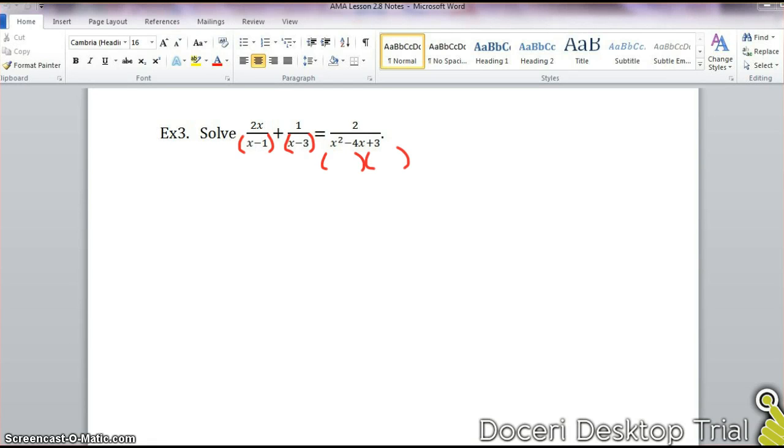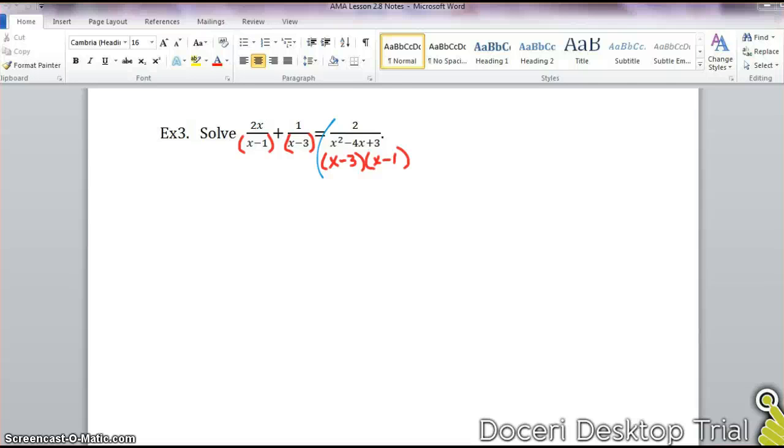Its factors will be x minus 3 and x minus 1. So you can see that it's made up of the same factors as our other 2 terms in the problem. Since these 2 terms also have the same factors as my larger polynomial here, I'm going to use x minus 3 and x minus 1 as my least common denominator.